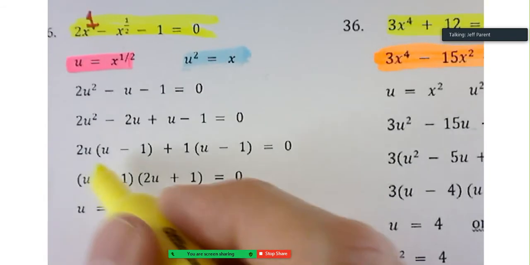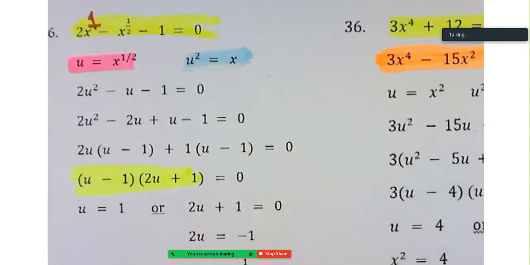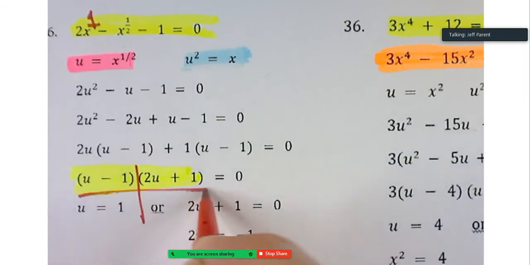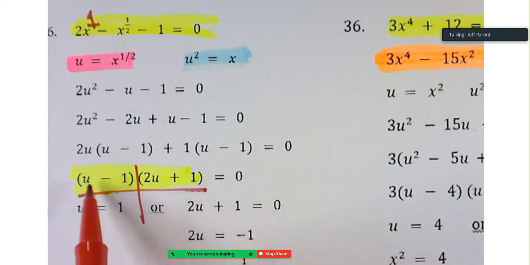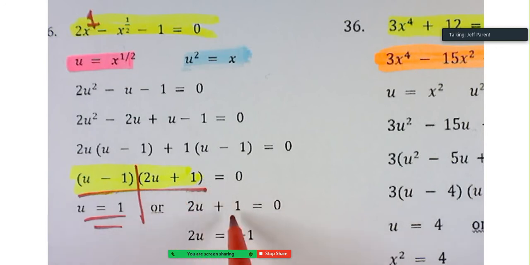So let's skip down to the happy ending part, where you've got something times something else equals 0. So one of these somethings has to be 0. Either u minus 1 equals 0, which gives me u equals 1, or 2u plus 1 equals 0, which gives me u equals negative 1/2.